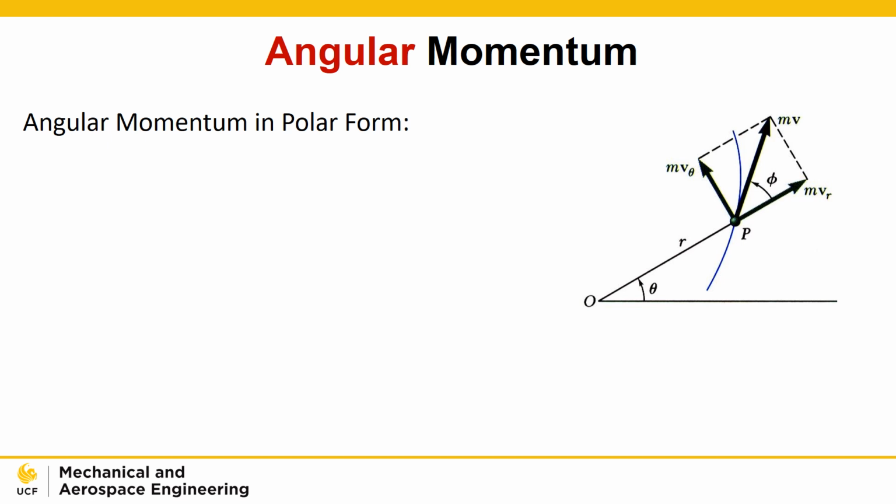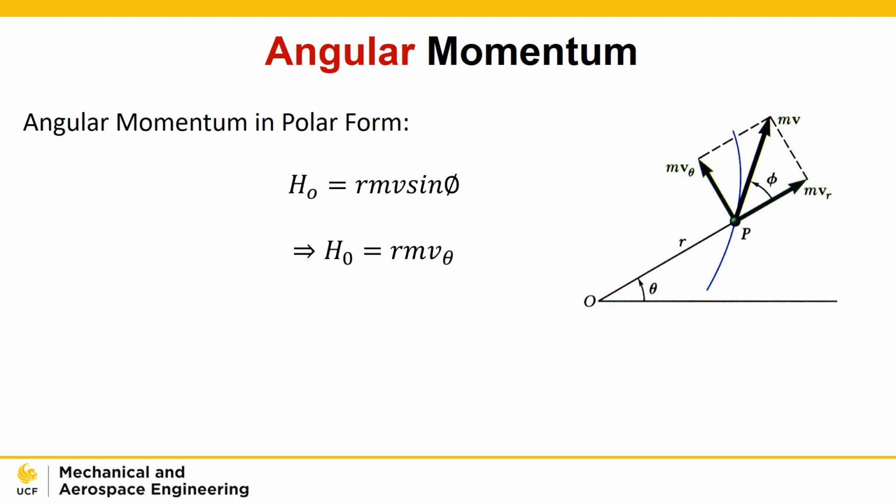From the definition of angular momentum, we know that the magnitude of angular momentum of a particle about O is given by the equation HO is equal to r m v sine phi, where v sine phi is the transverse component of velocity in polar coordinates.